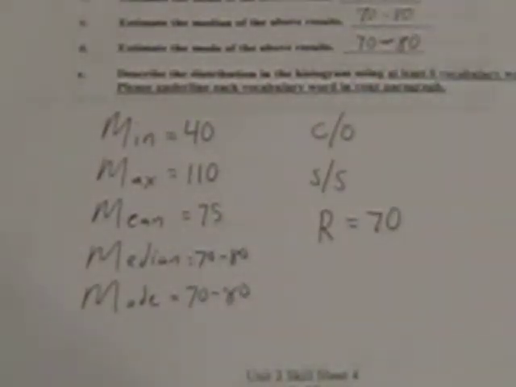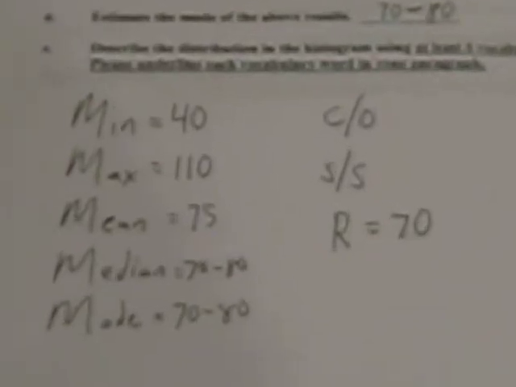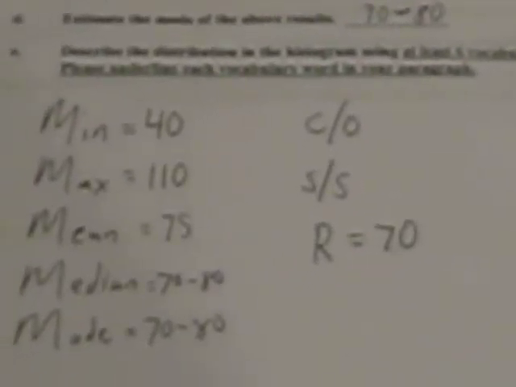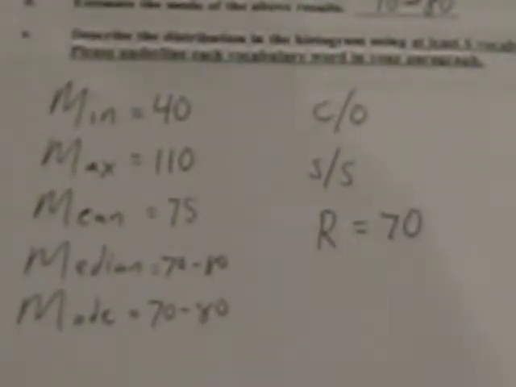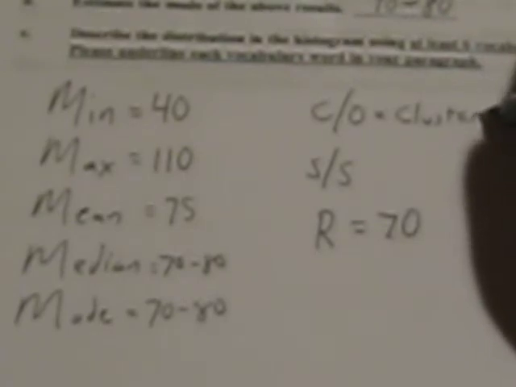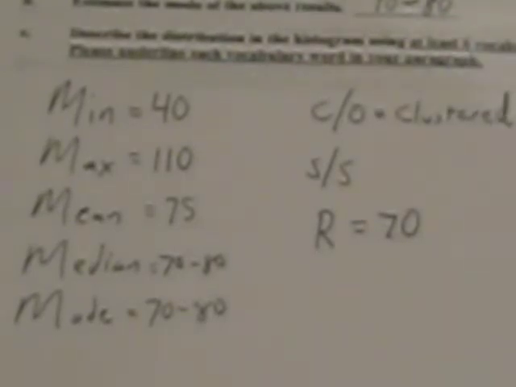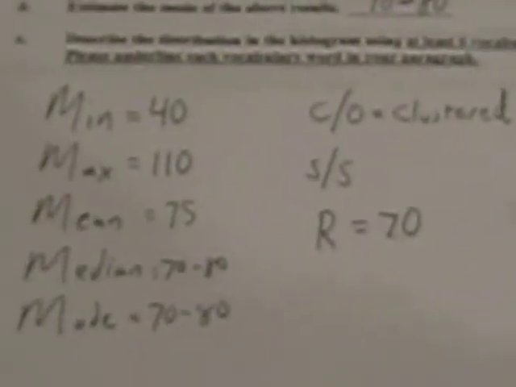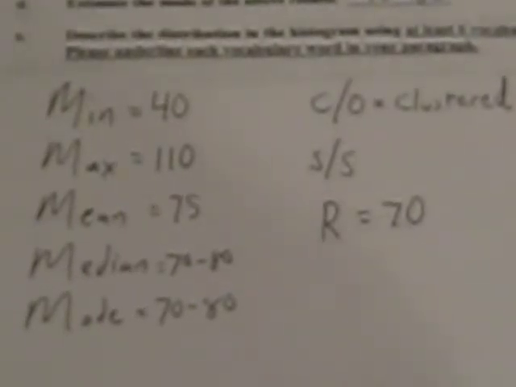Okay, and now we finally get to the C and the O. Cluster, outlier. Was this data clustered, or did it have a specific outlier? Well, this is definitely clustered, because there was no specific outlier in the data. That's the most simple way we can explain it using those words.